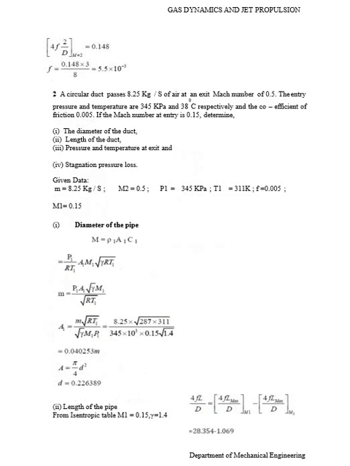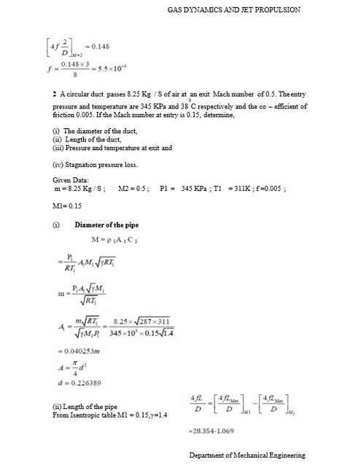Then 4f L divided by D is 0.148. Then f equal to 0.148 into 0.3 divided by 8 is equal to 5.5 into 10 power minus 3. So this is the friction coefficient.